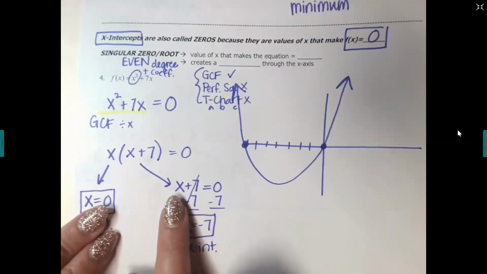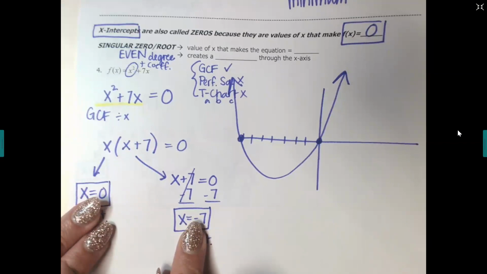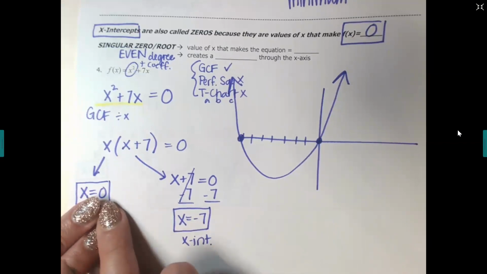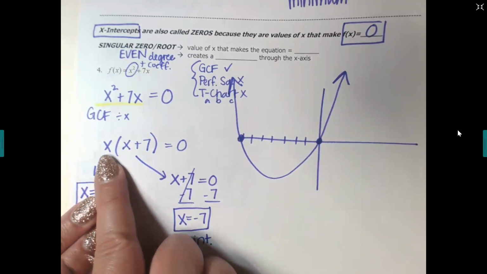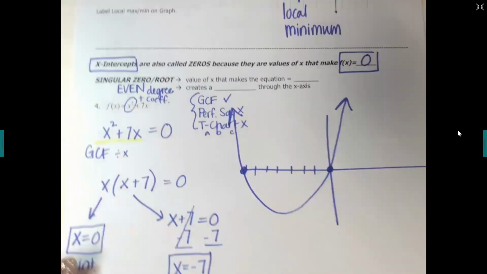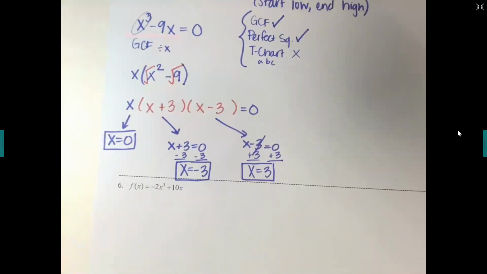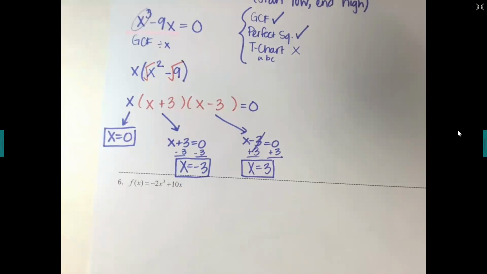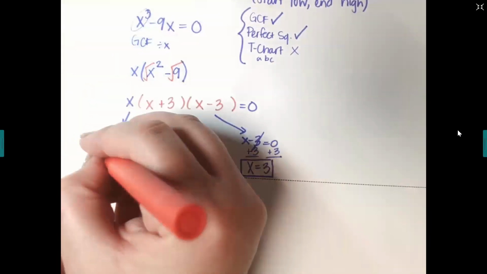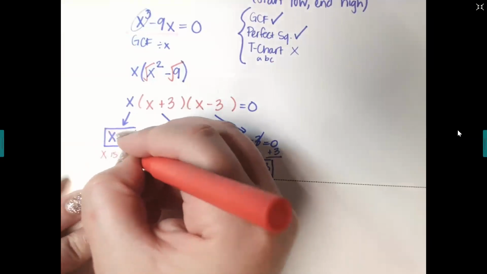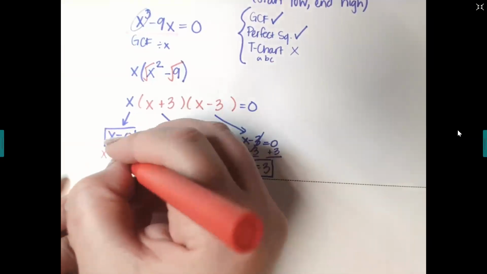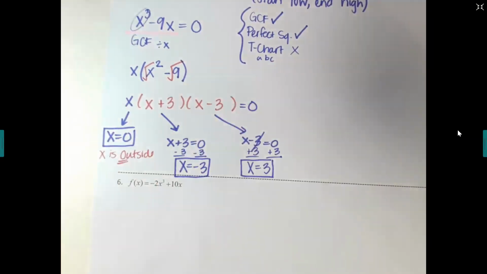What did the answer come out to be? Negative 7. Now a 0 means you had a loner x here in the front. I always tell my kids, and I'll remind y'all of this next time, anytime your x is on the outside, then your number's 0. Think like outside, 0. You know what I mean?